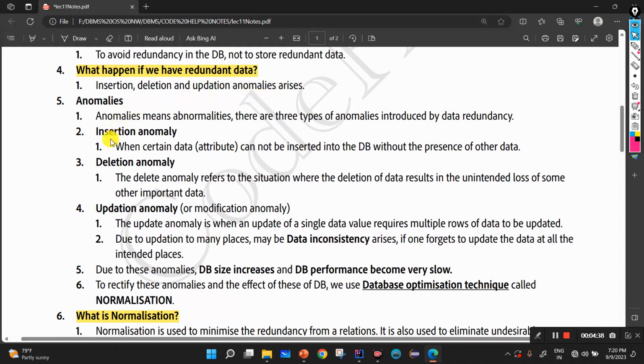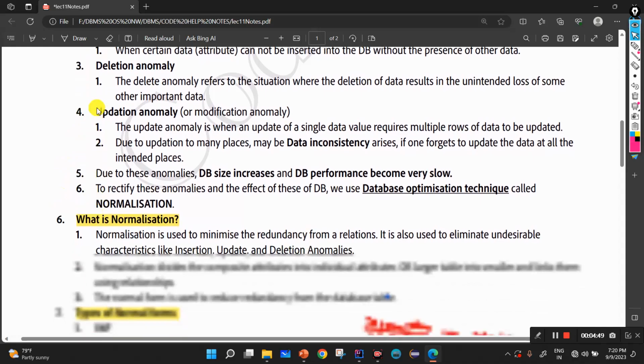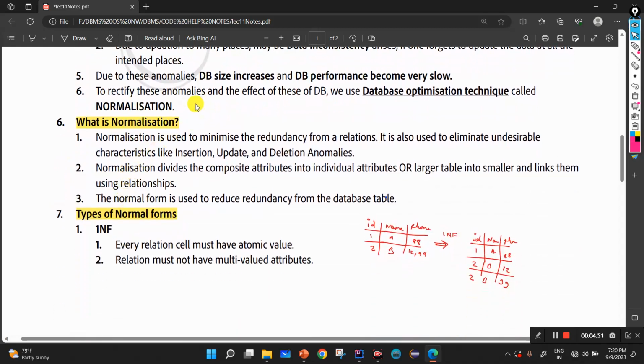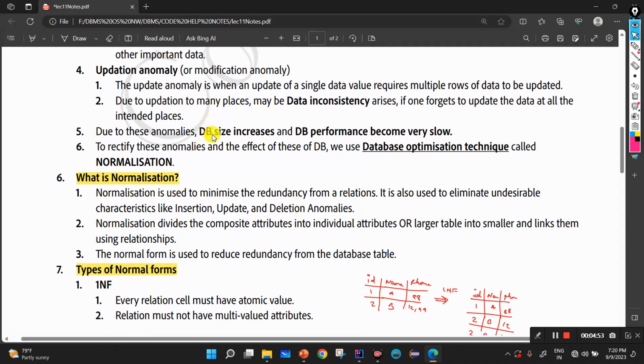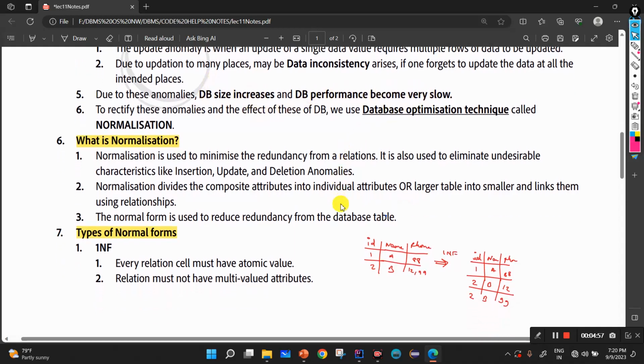Anomalies means problems. If we have duplicate data, then insertion is very difficult, deletion is very difficult, updation is very difficult. Also, if there is redundant data, then the DB size will increase and DB performance becomes very slow. These are the problems that arise.